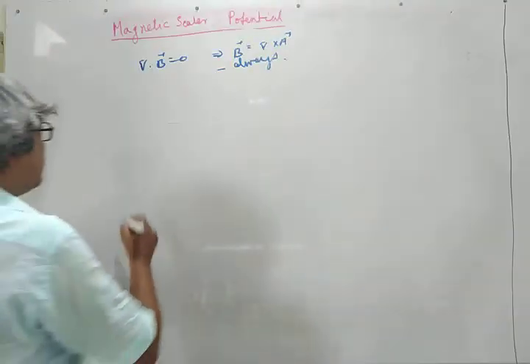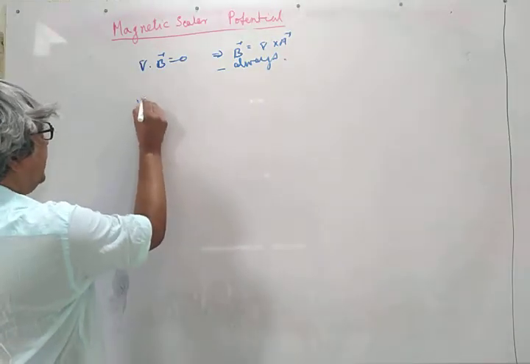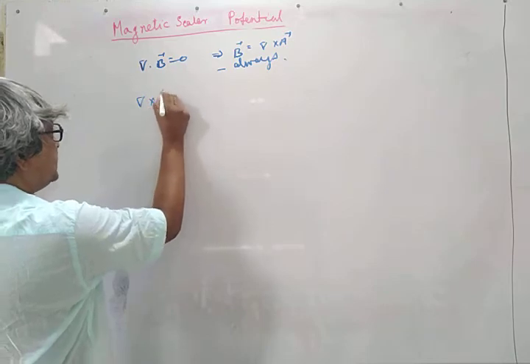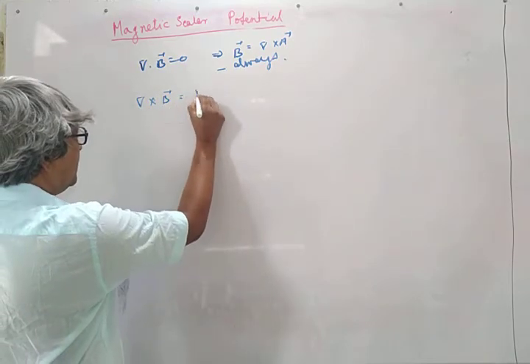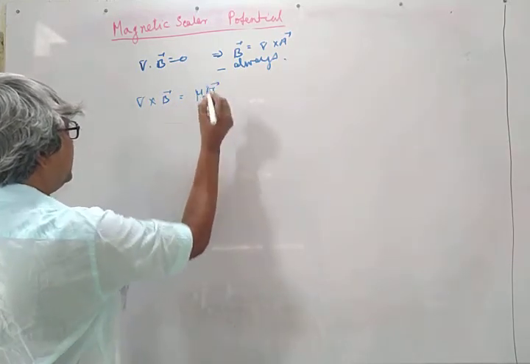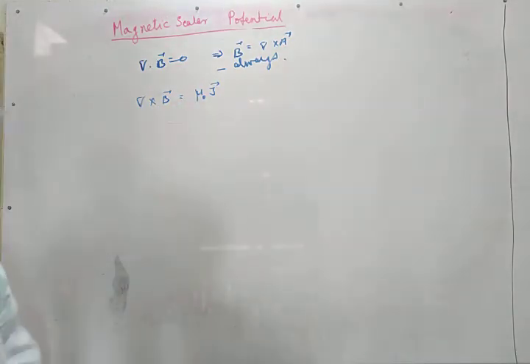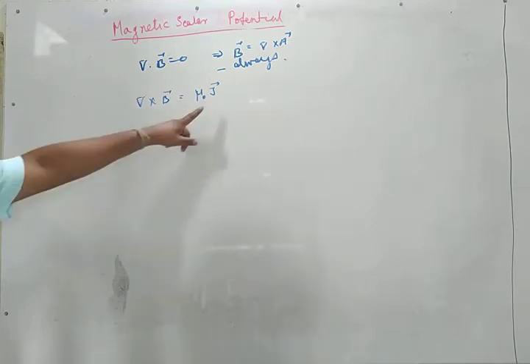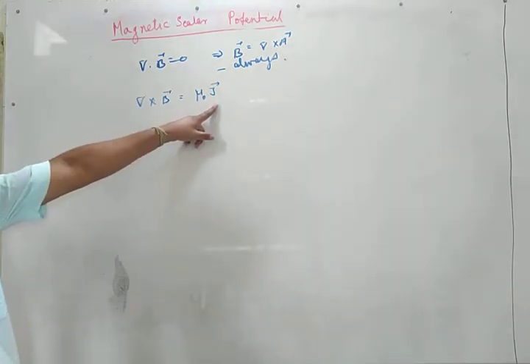In general, the magnetic field is not conservative, as Ampere's circuital law in its differential form gives us this result, that is, curl of B is not zero at a point in space which is being occupied by a current density.